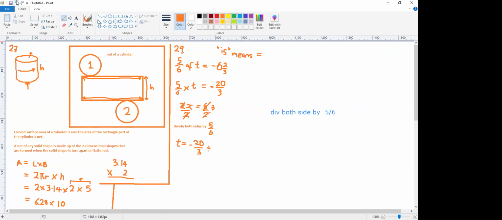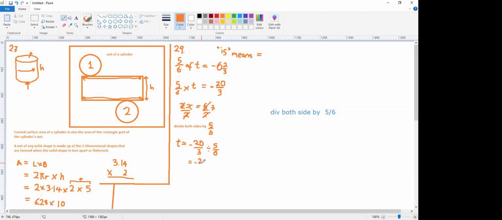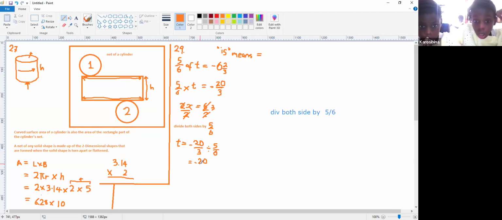Minus 20/3 divided by 5/6. Now, who can tell me what will happen to that division sign? That division sign there will become what? Multiplication. And then what will happen to the 5/6?